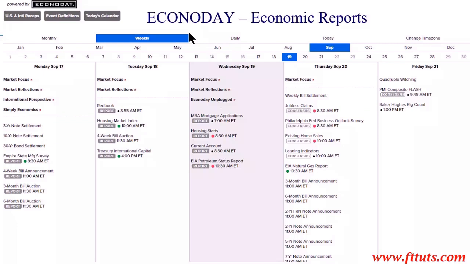Econoday is another site where you can go, and it gives you all the economic reports on any given day that are coming out pre-market or at 10 or 10:30. You may be aware of that, especially on this particular day, when the petroleum status report was coming out at 10:30.